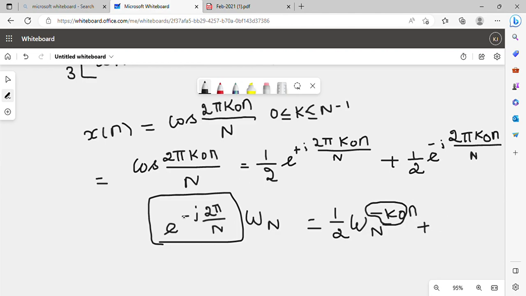Because e to the power of minus j 2 pi by n is equal to omega of n, but here it is e to the power of plus j 2 pi by n. That is why I have to take minus k naught for that. And here it is half of omega of n into kn.